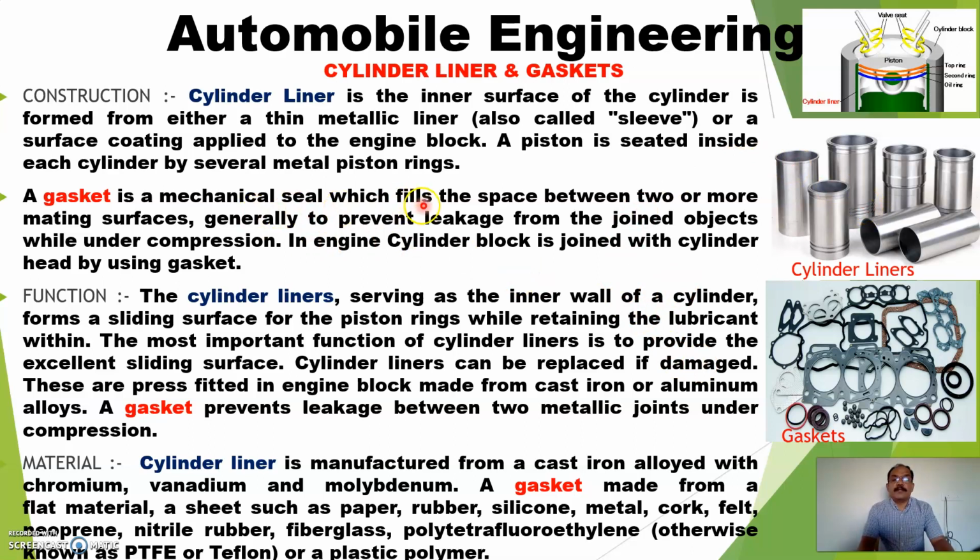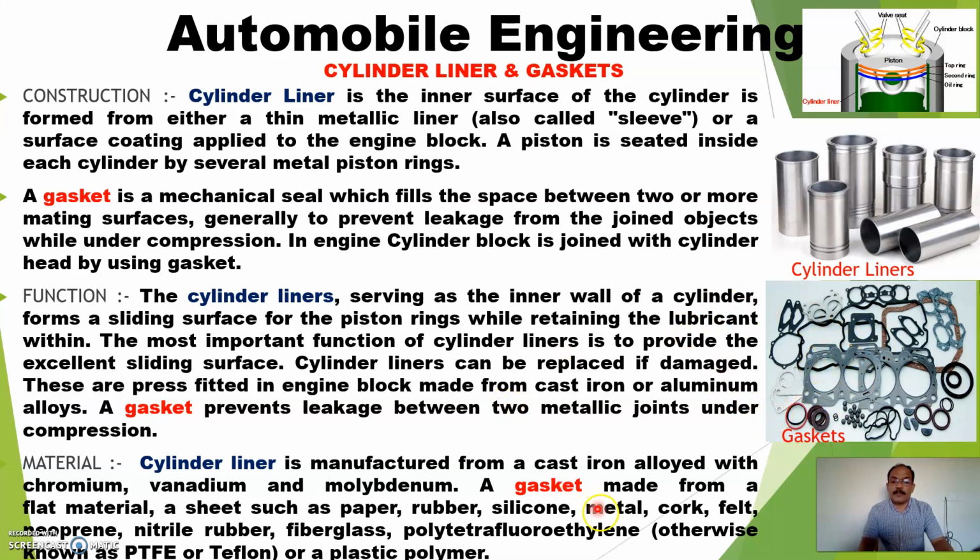Now, what is a gasket? A gasket is a mechanical seal which fills the space between two or more mating surfaces, because when there is metal to metal contact, like cylinder block and cylinder head, there is a chance of leakage, because metal to metal contact is not perfect. So to fill that gap, we place a gasket between the two mating parts.